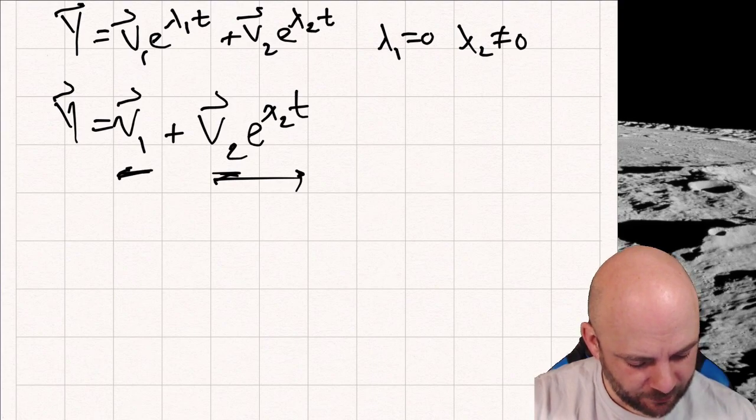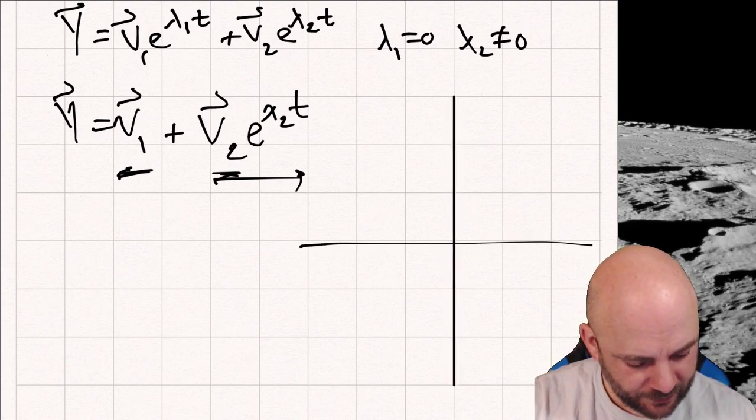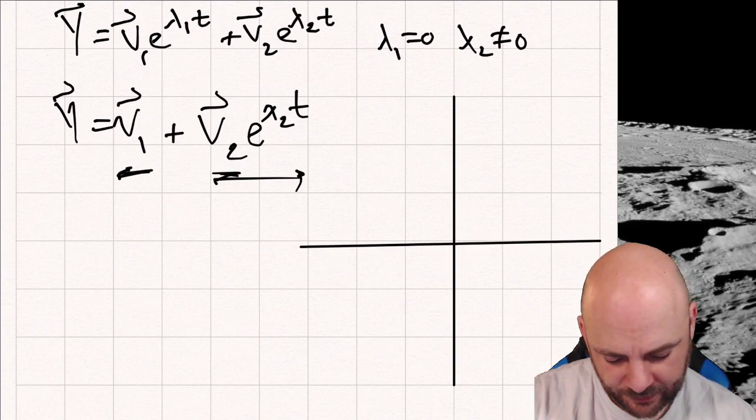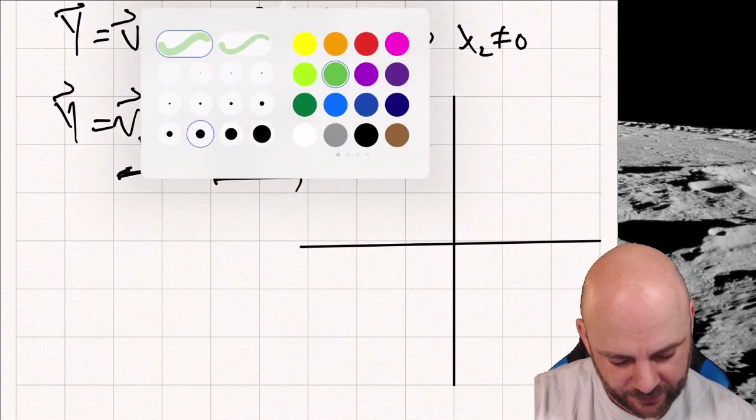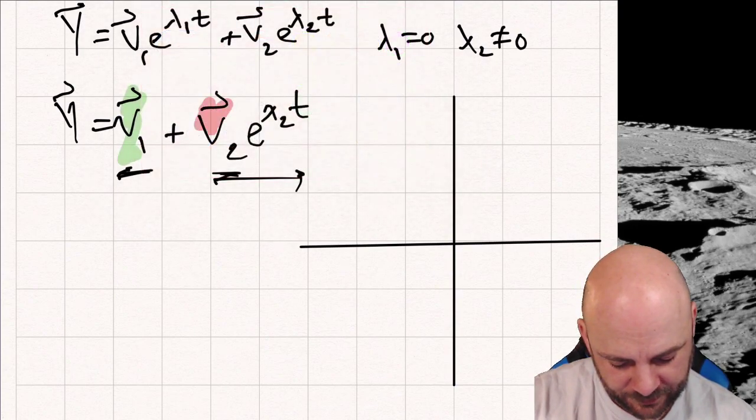Let's get our xy plane going on. Here's my y-axis. Here's my x-axis. Let's get some colors going on, because colors are always nice to me. That one's going to be green. That one's going to be red.